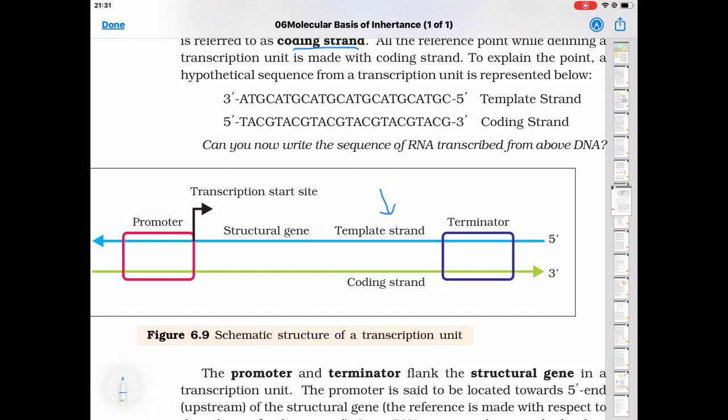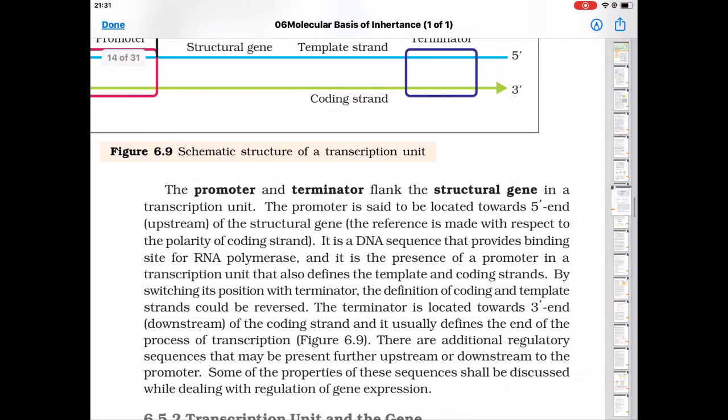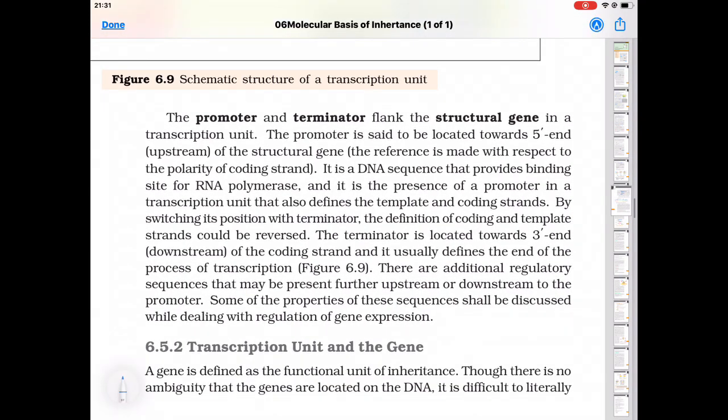The promoter and terminator flank the structural gene in the transcription unit. That is, the structural gene is present between the promoter and the terminator. The promoter is located at the 5' end, also known as upstream of the structural gene. The reference is made with respect to the polarity of the coding strand.